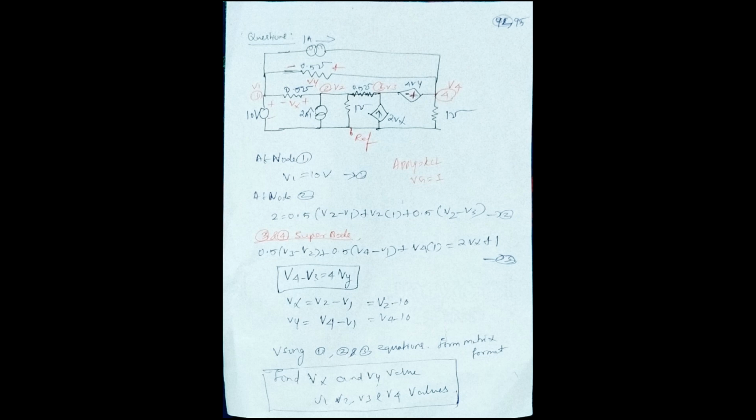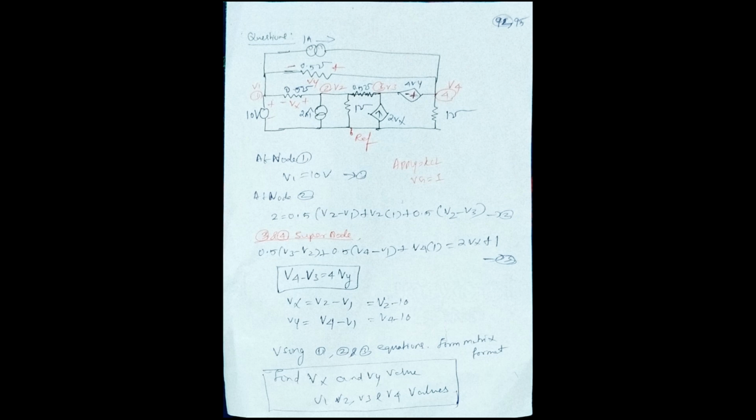Another 0.5 mho conductance depends on nodal voltages V4 and V1; the negative sign we put for opposite direction. So 0.5 into V4 minus V1. The 1 mho conductance joins the 4th node. So plus V4 into 1 mho conductance is equal to the sources 2 Vx plus 1. That is the middle source 2 Vx plus the 1 upper source.